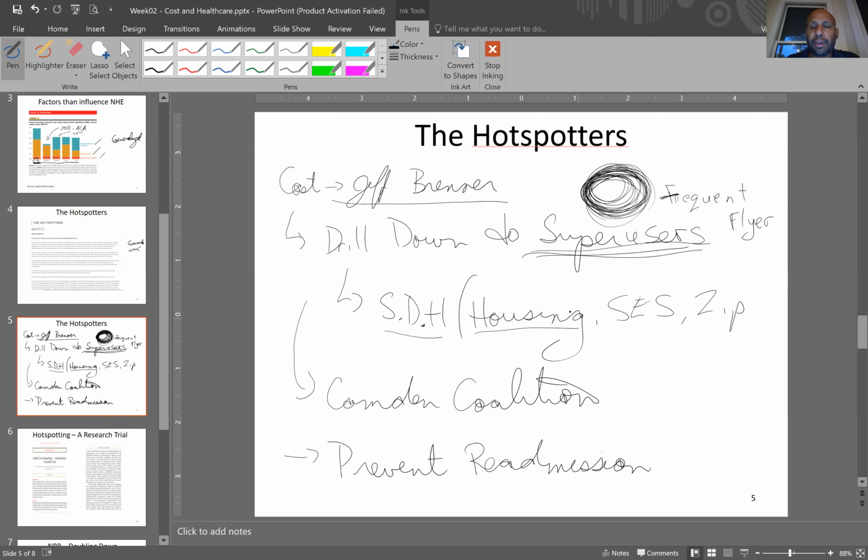Well, certainly housing, the adequacy of housing, one's socioeconomic status, and specifically your zip code. Zip code matters. Zip code, where you live, where you reside, influences your health. Urban, rural, access to services, a variety of different things.